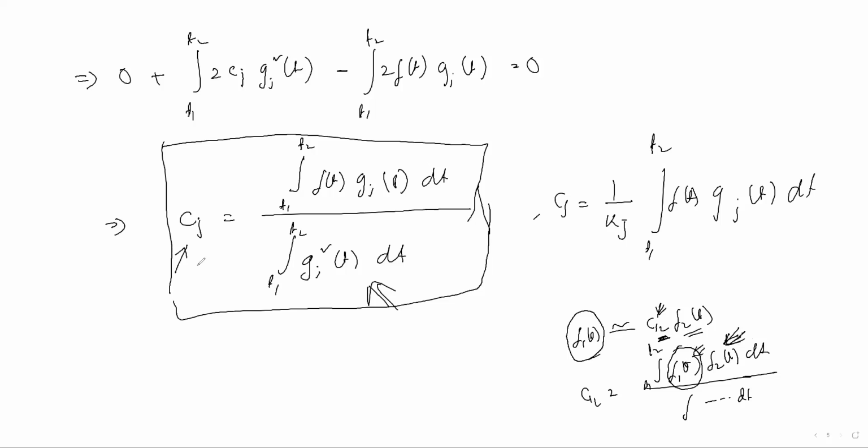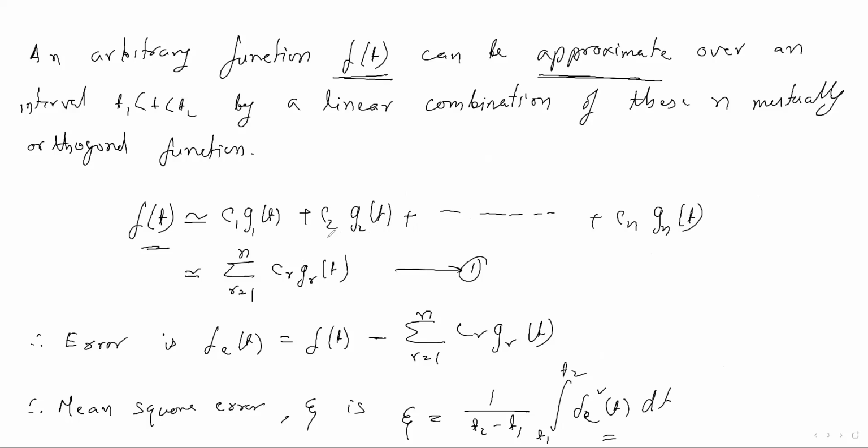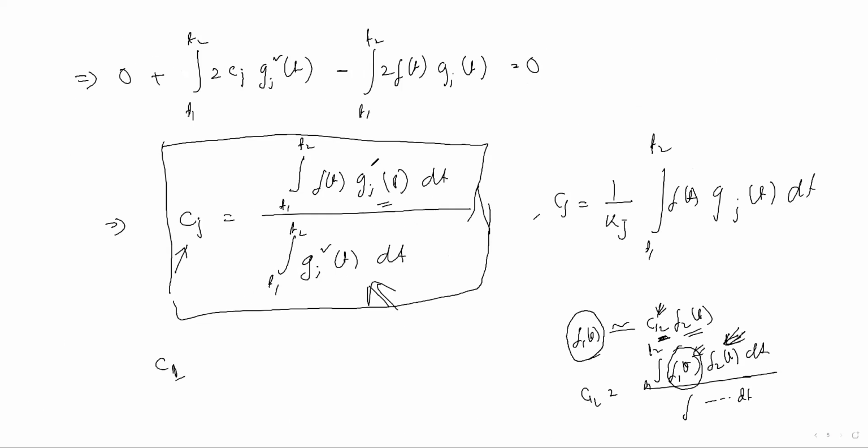If we want to find the coefficient c1, we take the orthogonal function corresponding to c1. Since g1(t), g2(t), up to g_n(t) are orthogonal functions, if you want to find c2, then you take g2 as the second term, but the first term is the approximation function. Remember that.